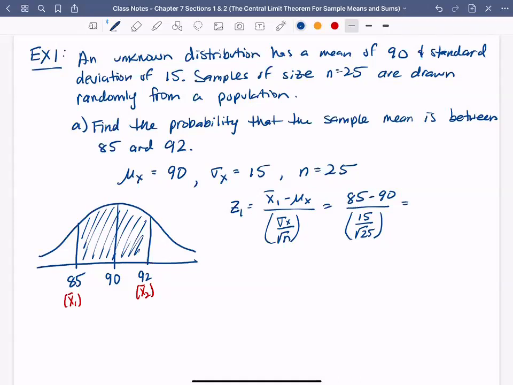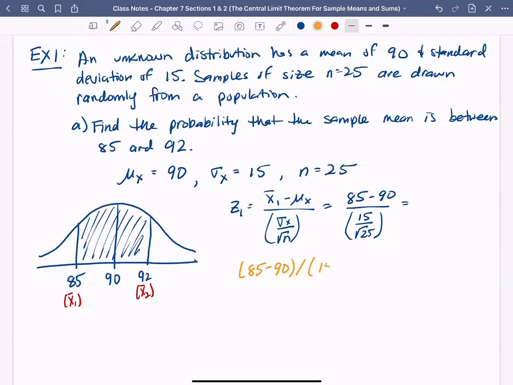So I'm going to write here in this orangish, goldish color exactly what I would put into my calculator. So I first want my numerator. So in my numerator, you're going to put 85 minus 90. Then you're going to hit divide, and that's a slash when it types in your calculator. Put in another parenthesis because now this is going to be our denominator.